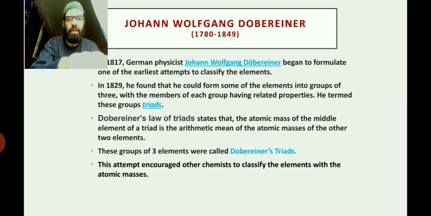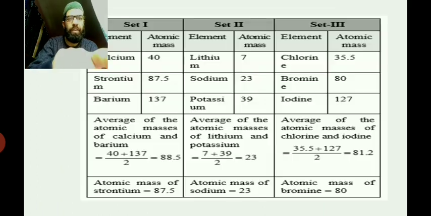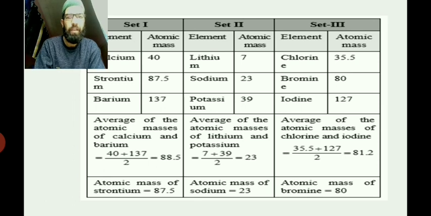Let us see his table and try to explain what he wants to convey. Here is Dobereiner's periodic table. Let us see chlorine, bromine, and iodine in set 3. This is one of the triads he explained. Chlorine has atomic mass 35.5 units, bromine has 80, and iodine has 127.